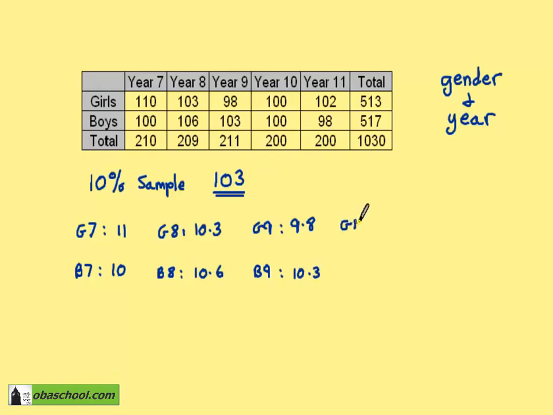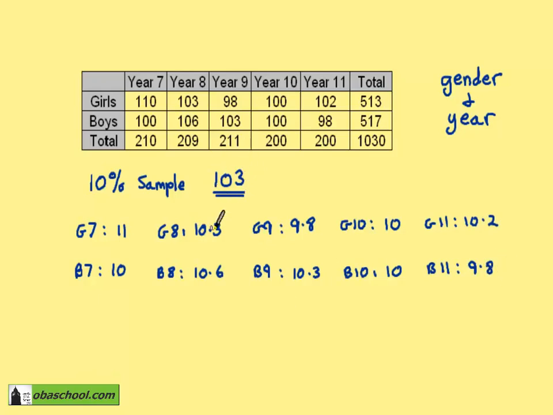For girls in Year 10, 10% of 100 is 10, and for boys in Year 10, 10% of 100 is 10. We then want 10% of 102, which is 10.2. And 10% of 98 is 9.8.